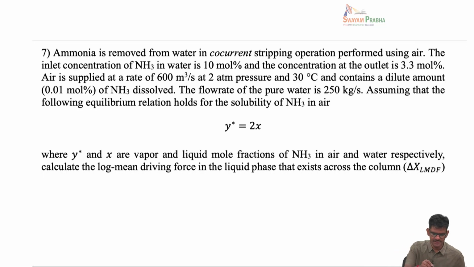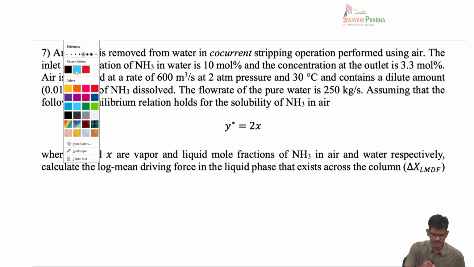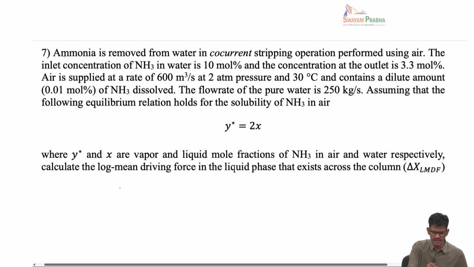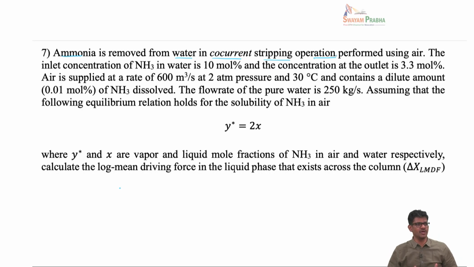So what we have here is an ammonia stripping problem. Ammonia is to be removed from water in a co-current stripping operation. I am bringing two differences. We are talking about a stripping operation, not absorption, so the operating line is going to lie below the equilibrium line.